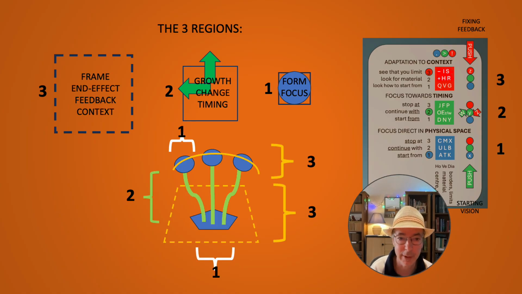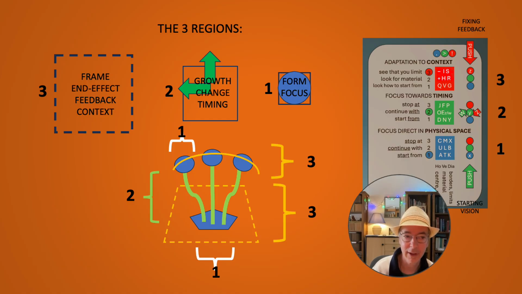The differences between these three focuses, I compare them to 1, 2 or 3 eyes that you need for it, or 3 parts of focuses that you need for it, but I can explain them differently as well.